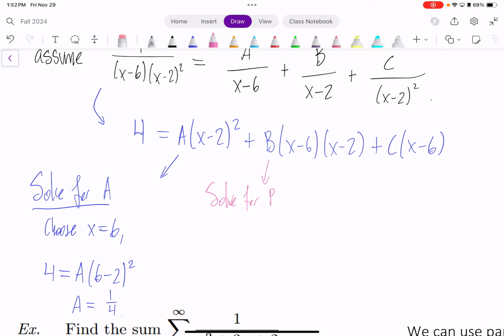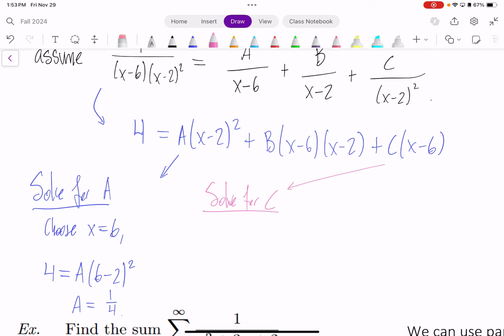Okay, what if we wanted to solve for b? What value could we choose x to be? I thought I would get you there. We can't do that yet. Let's do c first.